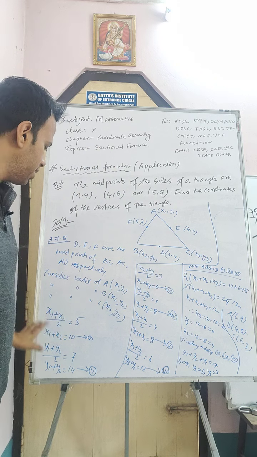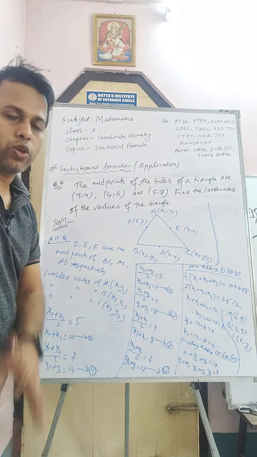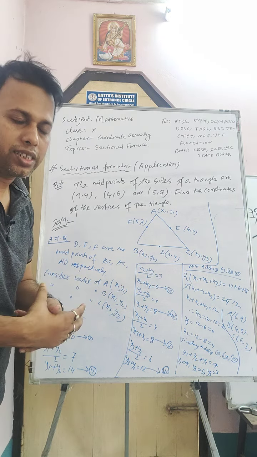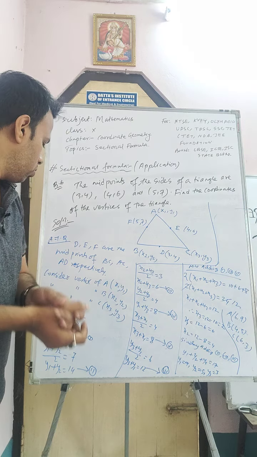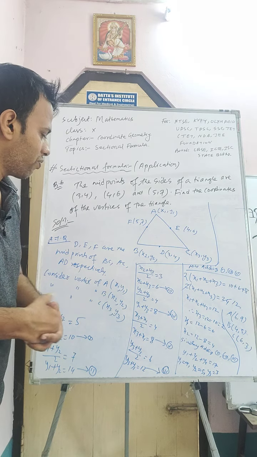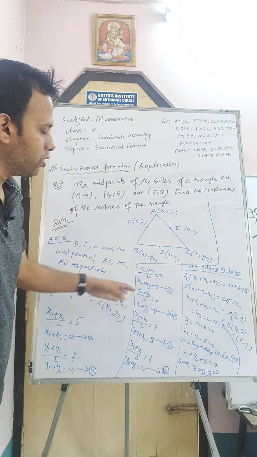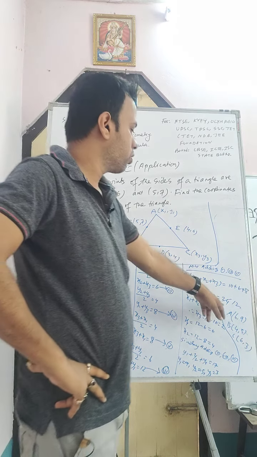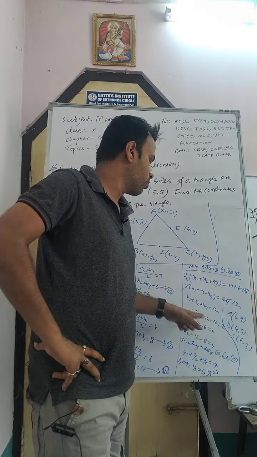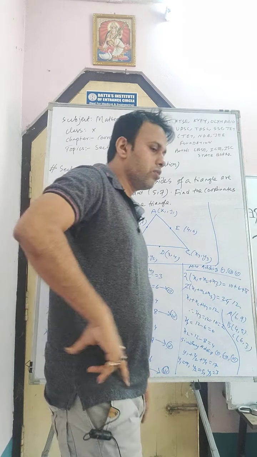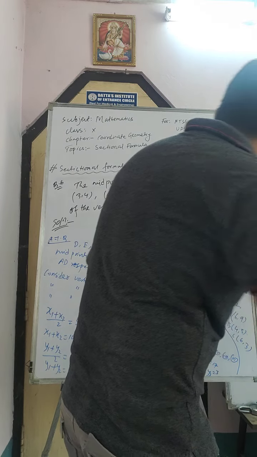Similarly, I find here 6 equations, 3 equations for x and 3 equations for y. Now add 1, 3 and 5. What we will get? We will get 2 into x1 plus x2 plus x3 equal to 24. That is x1 plus x2 plus x3 will be 12.